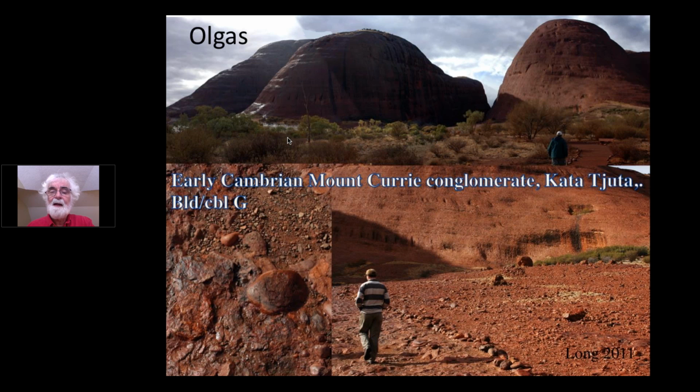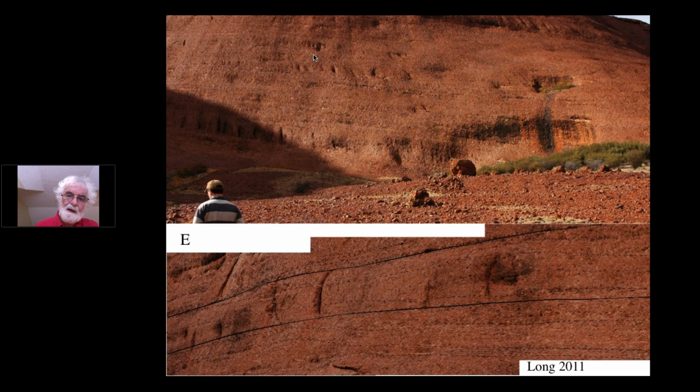Well, we do see clear evidence of meandering in the early Cambrian Mount Currie conglomerates of Kata Tjuta, or the Olgas, in central Australia. And this is wonderful exposure, but unfortunately, due to cultural restrictions, you're not supposed to climb on it. When we look at it close up, we find that there is a large set of 4 to 5 meter packages of cobble conglomerates with low angle inclined stratification separating them.